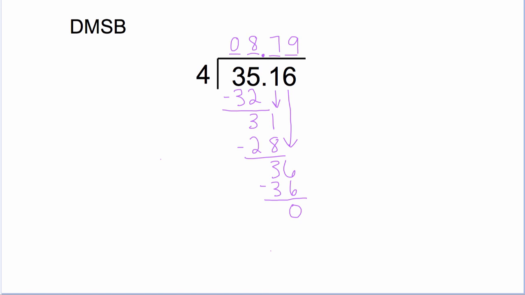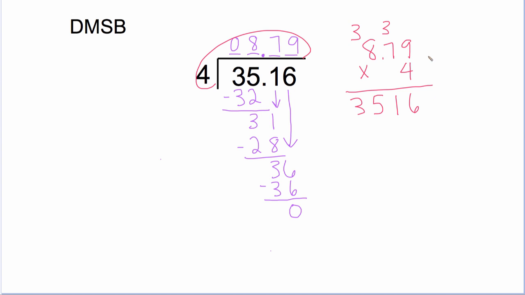The good thing is you can check this problem just like a regular division problem. With our answer here, we're going to multiply 8 and 79/100ths times 4, and we should get the number that's in our dividend. 4 times 9 is 36, carry the 3. 4 times 7 is 28, plus 3 is 31, carry the 3. 4 times 8 is 32, plus 3 more is 35.